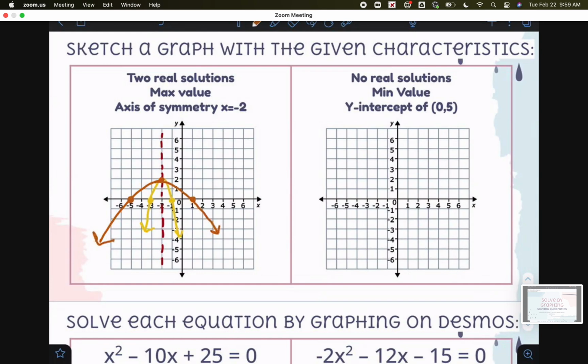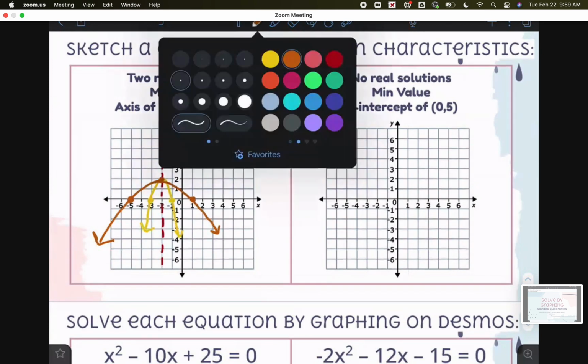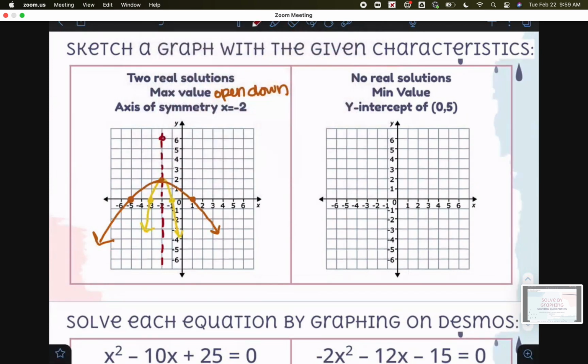Again, as long as it has that axis of symmetry or that vertex at negative 2 and 2 x-intercepts, 2 solutions. Also notice both of the ones I've drawn open down because graphs that open down would have a maximum value. And let's create one more just with a different x-intercept. We'll use a different maximum.